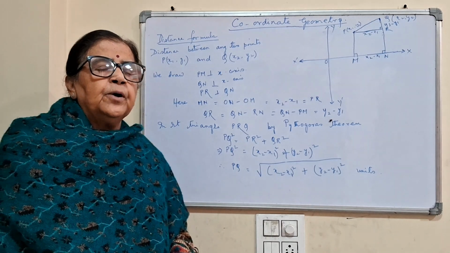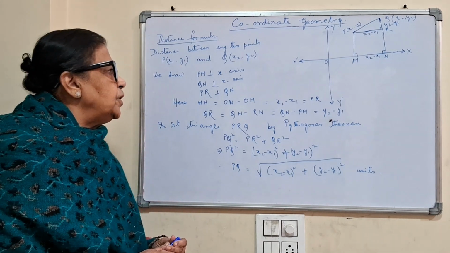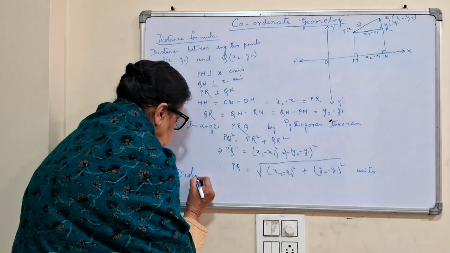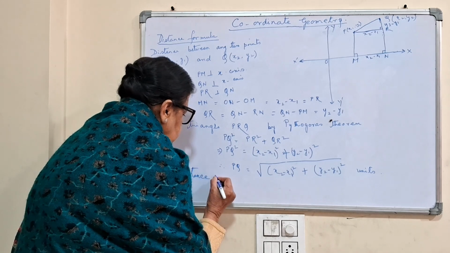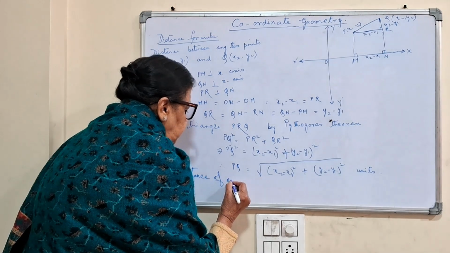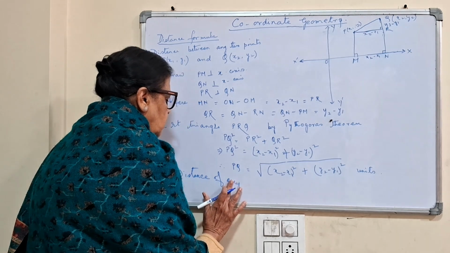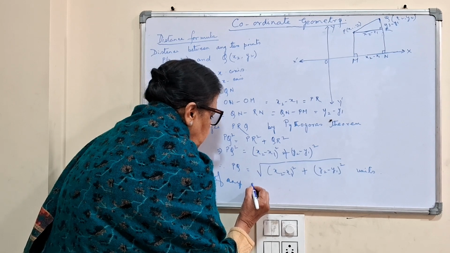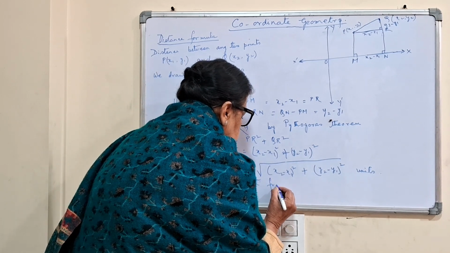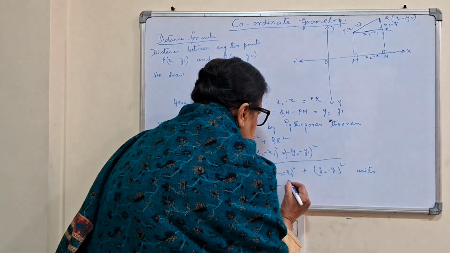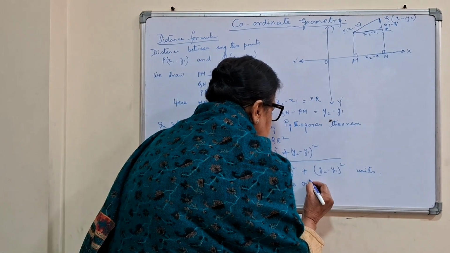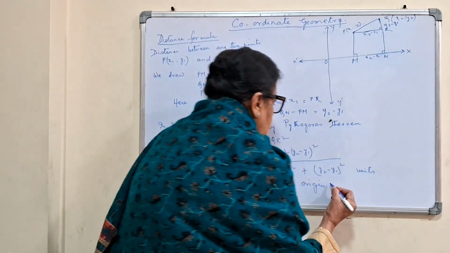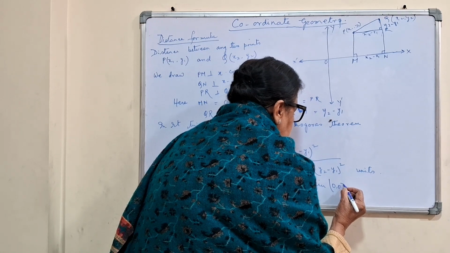The distance of any point from the origin. The origin is (0, 0) and any point is (x1, y1).